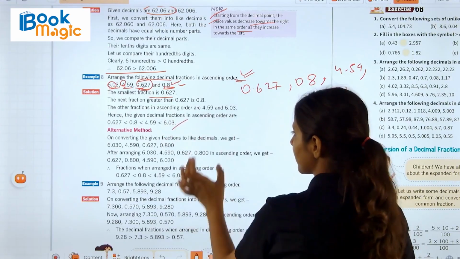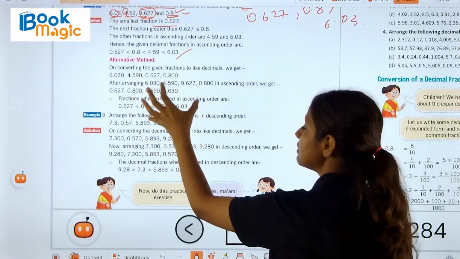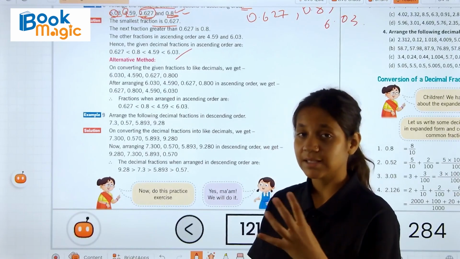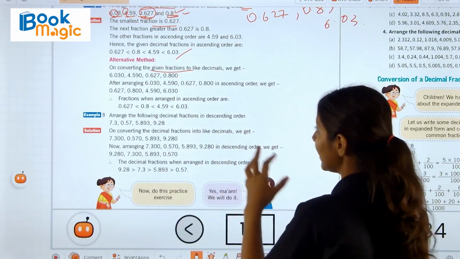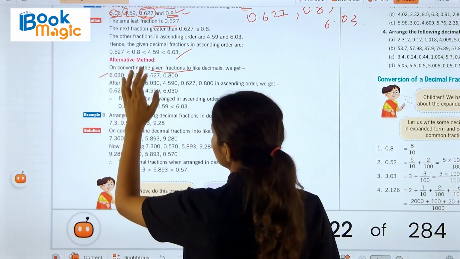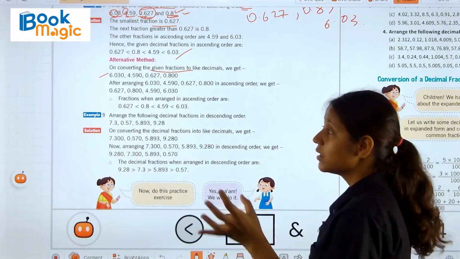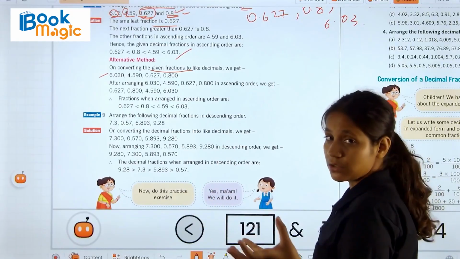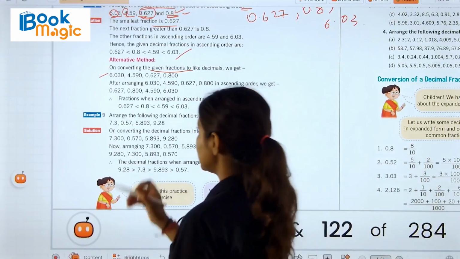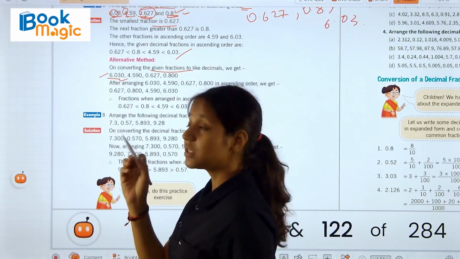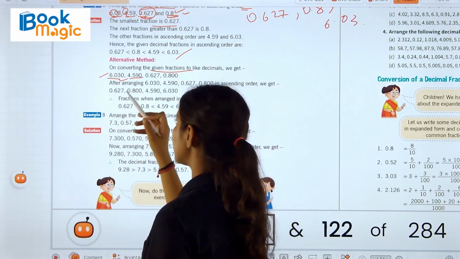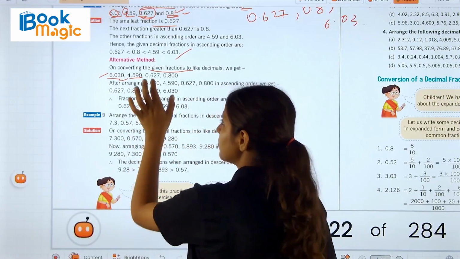Now we have an alternative method. There is one more method to do this. See, on converting the given fractions to like decimals, we get. So firstly we are doing here the conversion of them into like decimals. 6.03 was there, so it will become 6.030. 4.59 was there, so it will become 4.590.